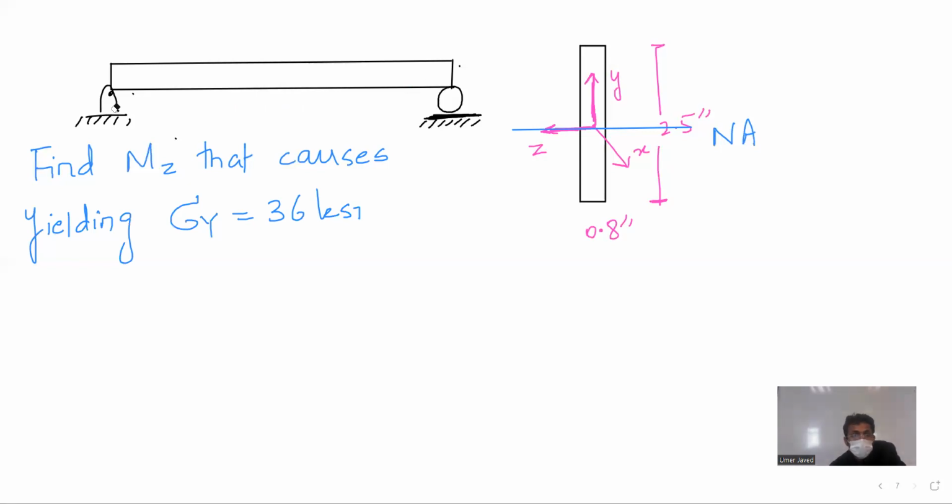Let me make the pin joint more carefully. I think now I have made it more carefully. So now it will bend like this. Good. Okay, and what is your Y? Your Y starts from here, from the neutral axis.